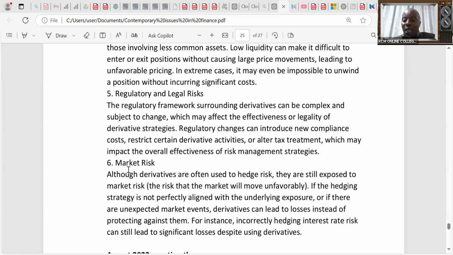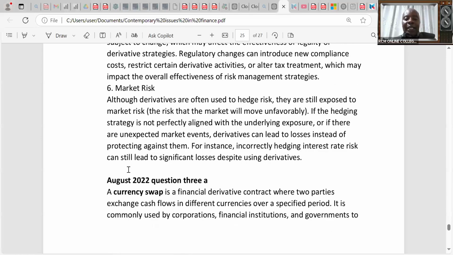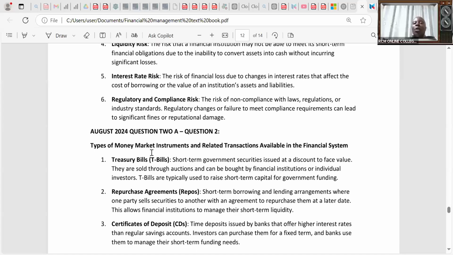So question number 2, I would want you to open your past papers and look at August 2024, question number 2A. Let me just get your paper here.